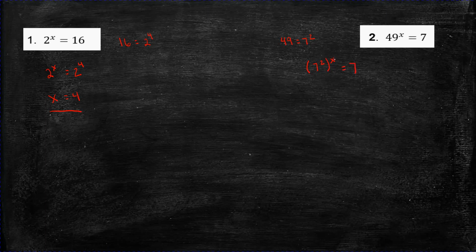Remember, my rule here is if I have b to the x and all of that to the y, then I get b to the x times y. So here I have 7 to the 2x. What does it equal on this side? Well, we don't have an exponent, so we just assume that exponent is 1, because 7 to the 1 is 7. So 2x equals 1, so x equals 1 over 2.